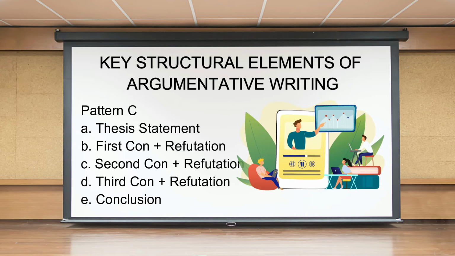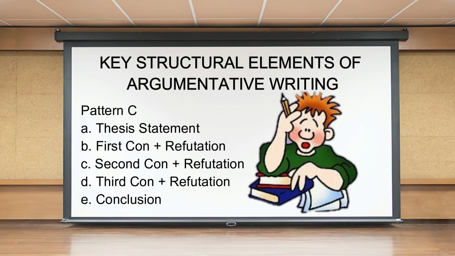Then, three sets of cons of the issue together with their corresponding refutations are provided. Not a single pro is given in this pattern. This means that the conclusion needs to focus on justifying the refutations to fully support the claim.